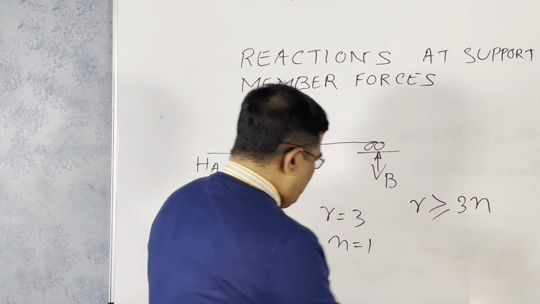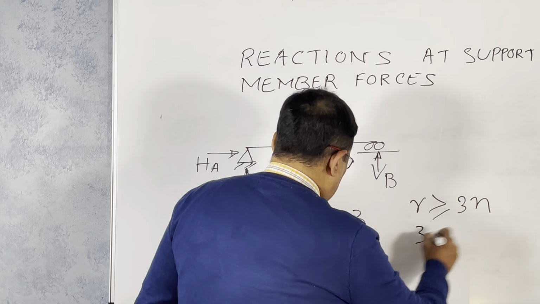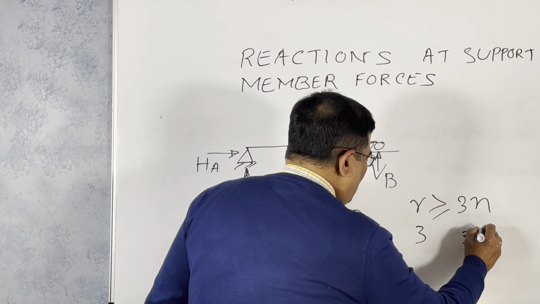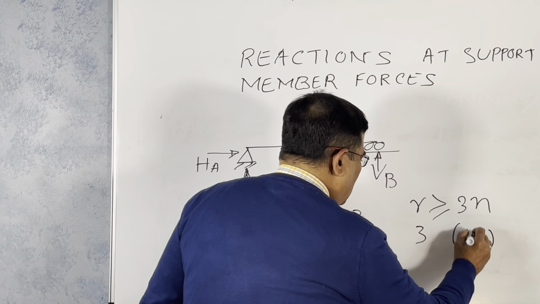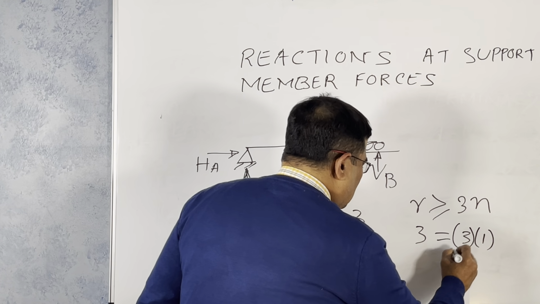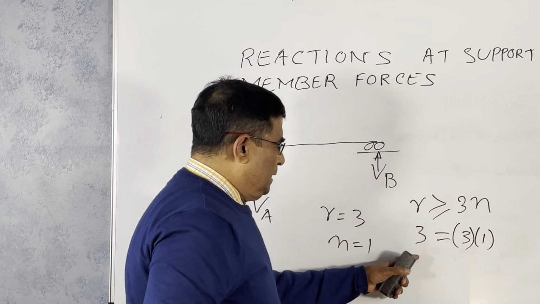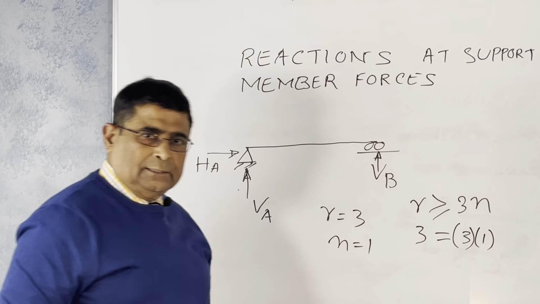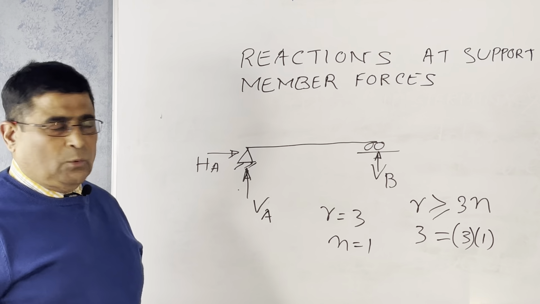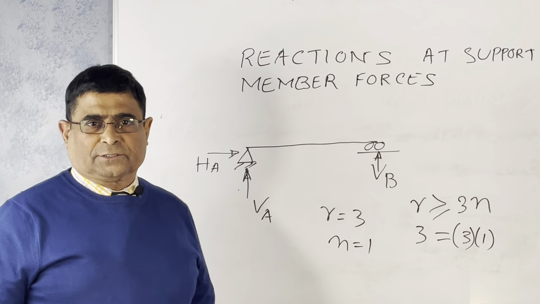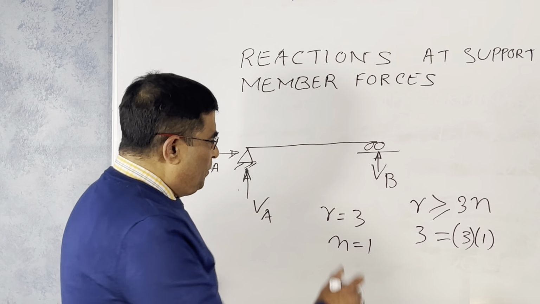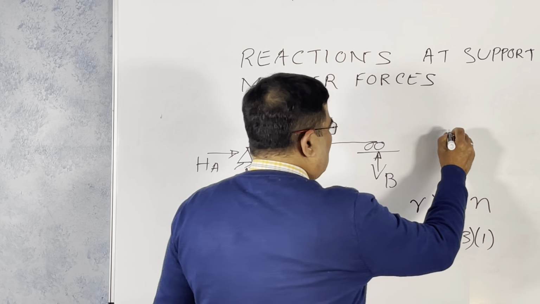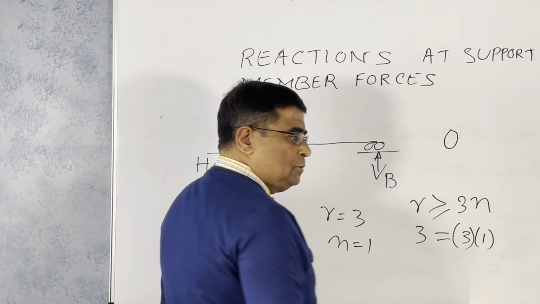So R is 3 and 3 times 1, they are equal. So it's a determinate structure. Degree of indeterminacy here is 0. No indeterminacy.